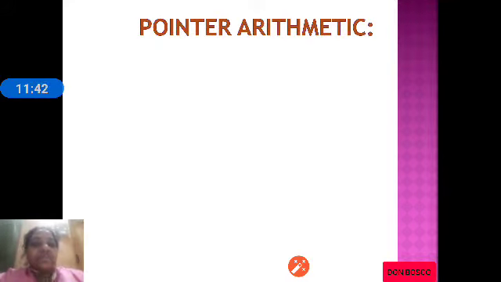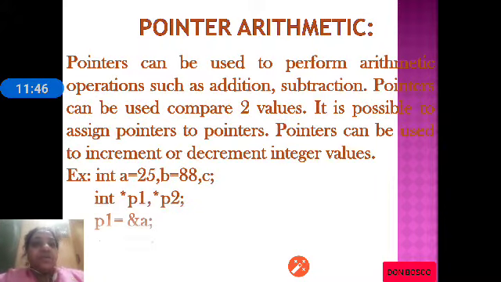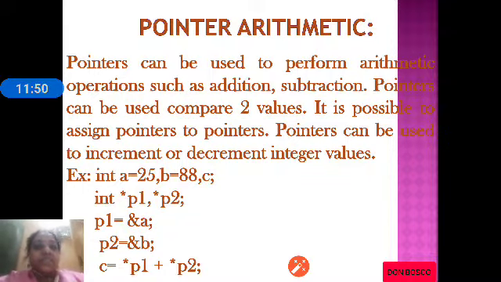Let us have a discussion on pointer arithmetic. Pointers can be used to perform arithmetic operations such as addition, subtraction, multiplication and division. Pointers can also be used to perform relational operations, and to increment and decrement the values.